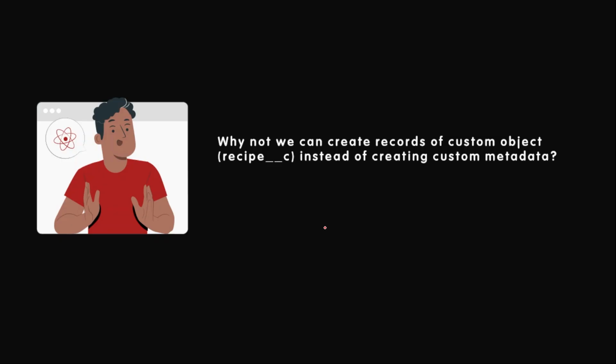The question is, why don't we create a custom object record instead of creating custom metadata, right? That is a right question. Why don't we create an object called Recipe, create fields on that object itself, and then create a record of that object? That would still serve the same purpose, right?